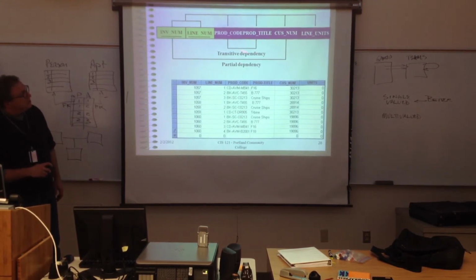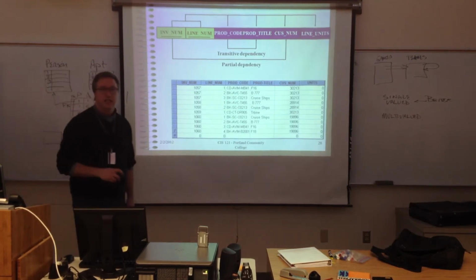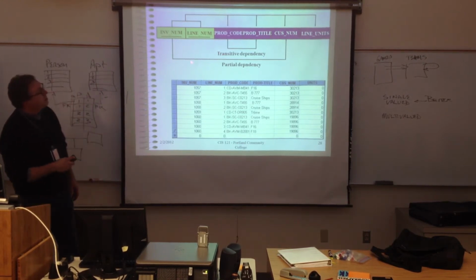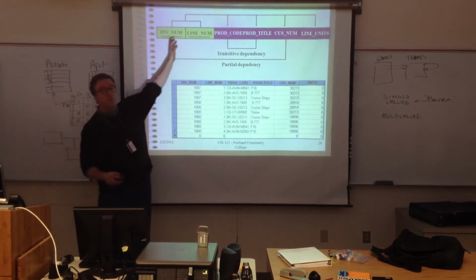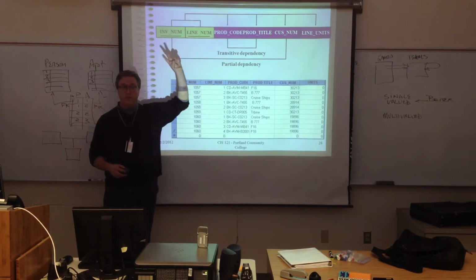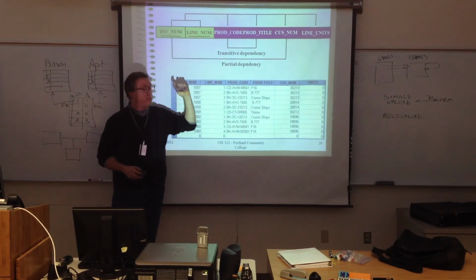A transitive dependency is shown when you have two attributes within the same entity where one attribute depends on the other. A partial dependency is a situation where I've got a composite primary key: two attributes that together form the primary key.